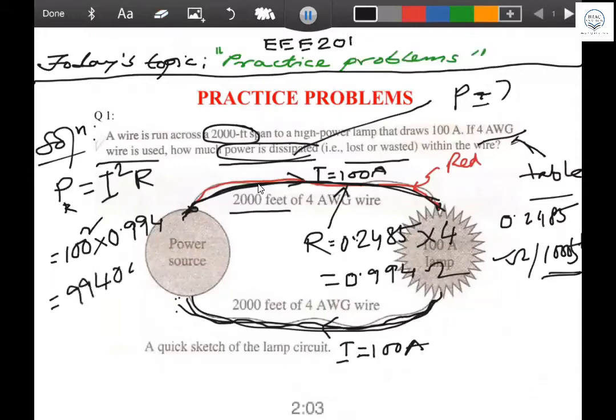If I say kilowatts, what will it be? You divide by 1000, and you get 9.94 kilowatts. So this is the answer to this question: how much power is lost through the transmission line, through the wire, through the conductor. This is the amount of power loss through the conductor. I think everybody understood the answer to the question.